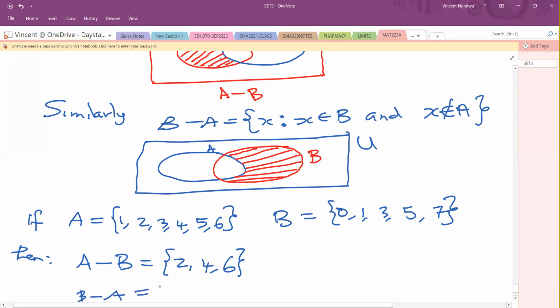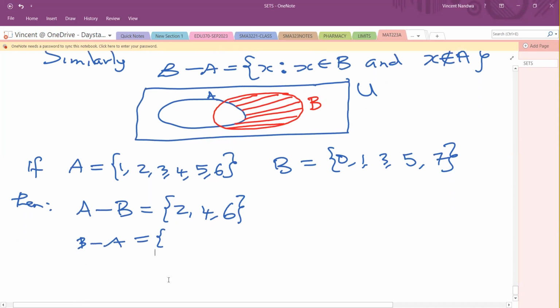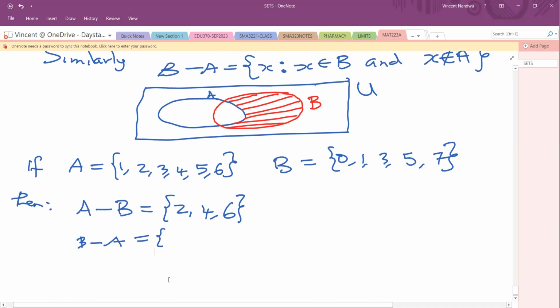B minus A: 0 and 7. Those are the only elements which can be found in B, but not in A. Good.